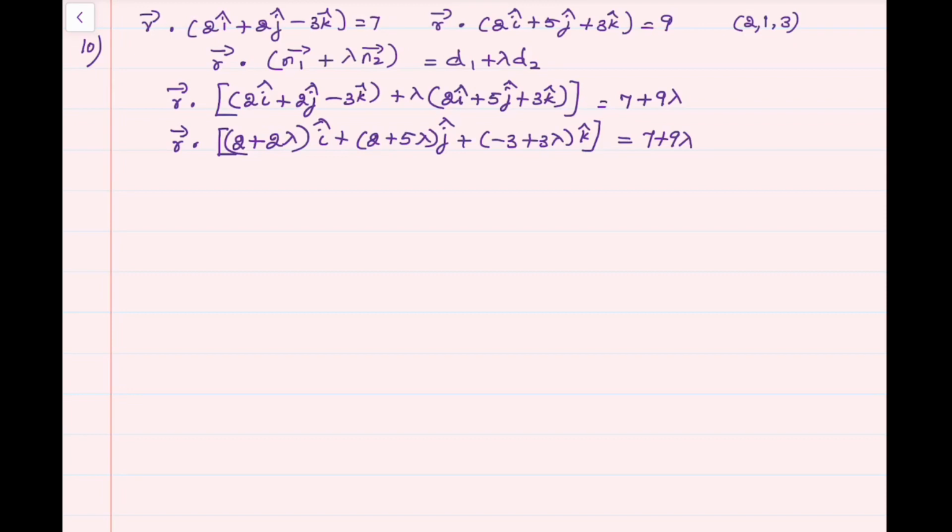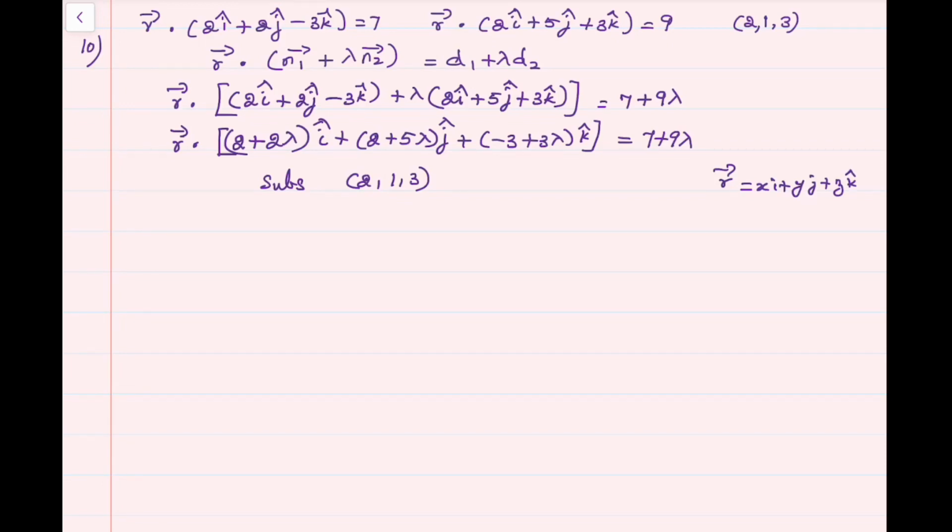Now to find the value of lambda, the condition given is the plane passes through 2, 1, 3. So let us substitute the point 2, 1, 3. Substitute a point means we substitute for x, y, z in the Cartesian equation. In vector equation, for vector r we have to substitute because vector r is xi plus yj plus zk.